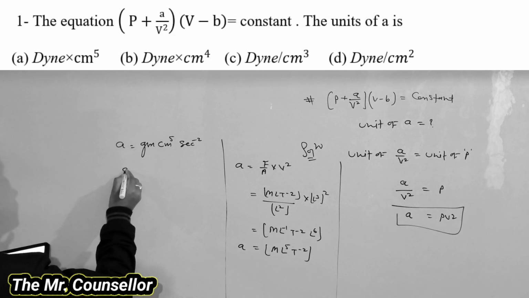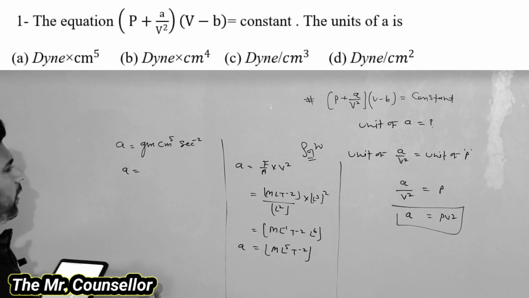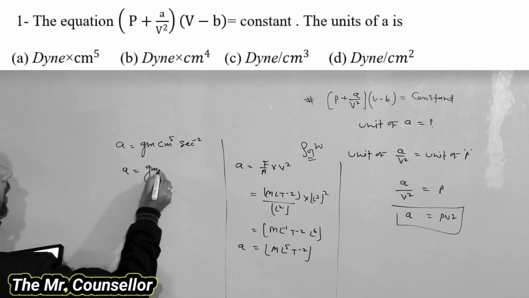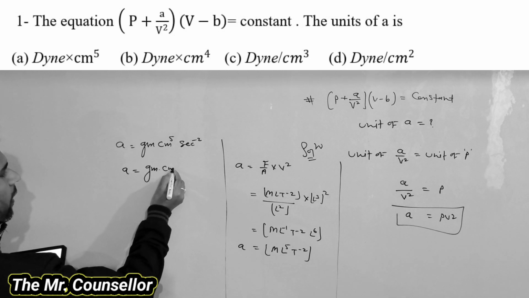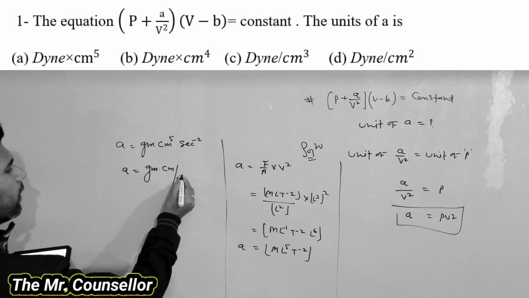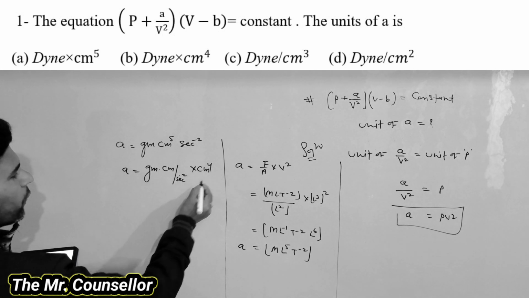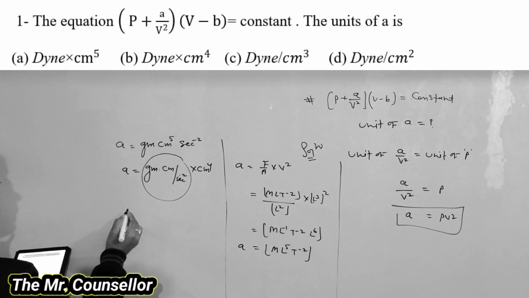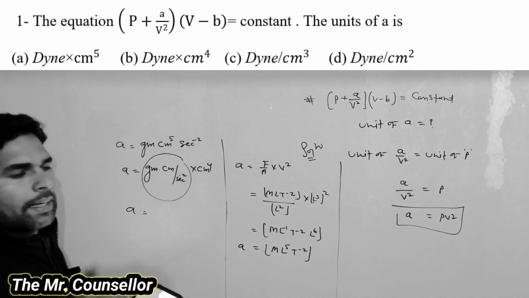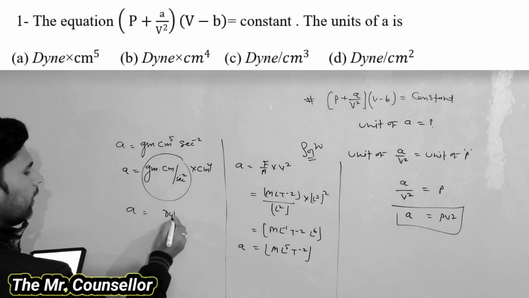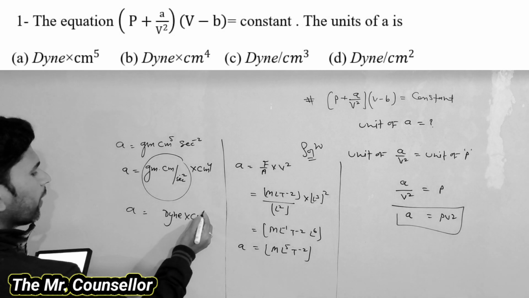Arranging, gram into centimeter per second square, into centimeter power 4. This unit is known as dyne. So we can write dyne into centimeter power 4.